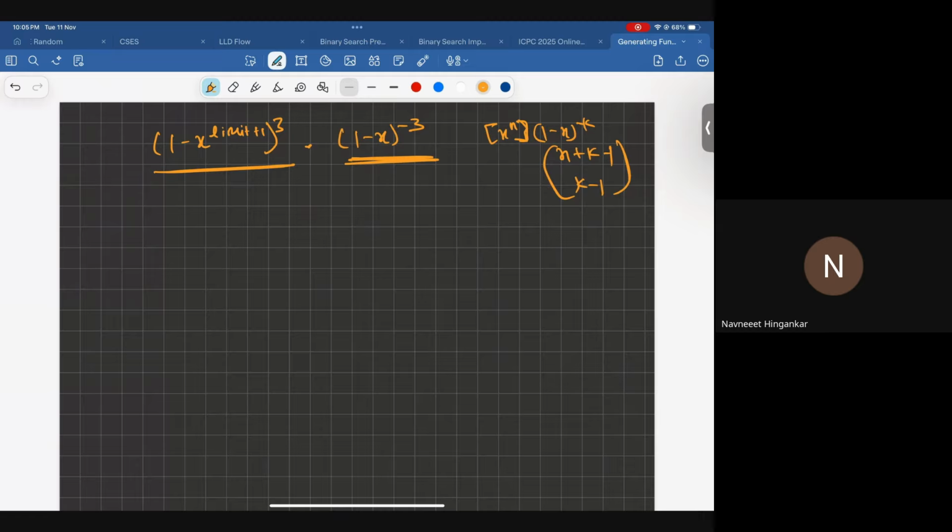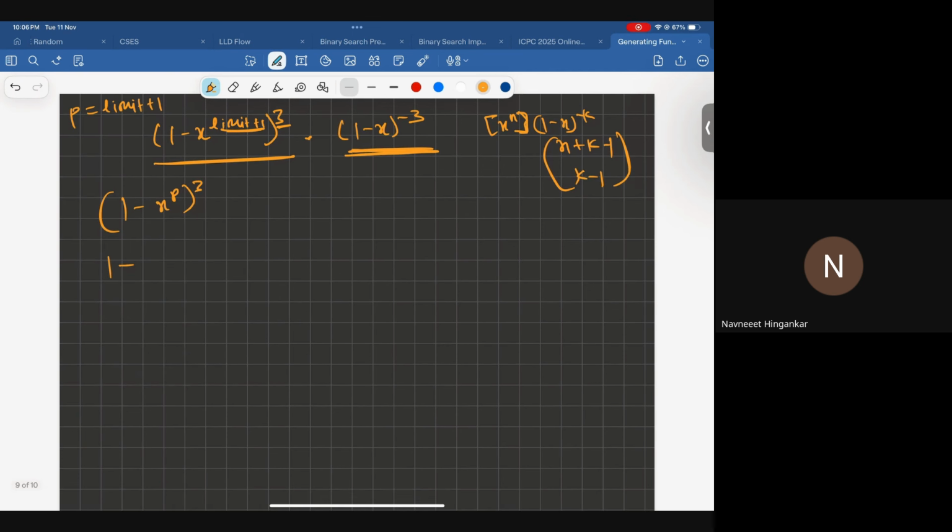There is another method here which is inclusion exclusion. We can use it, but we will just expand this formula. I will put limit plus 1 equal to p, so we have (1 minus x to the power p) cubed.